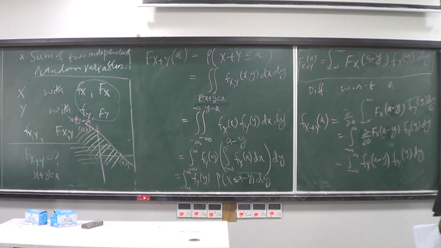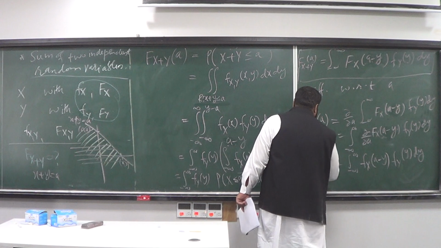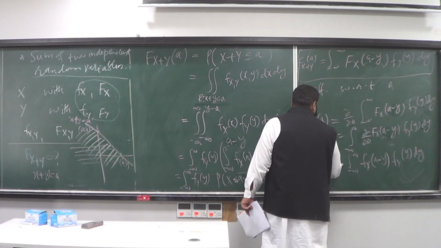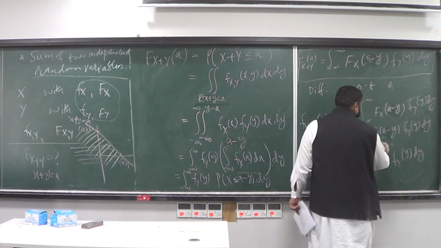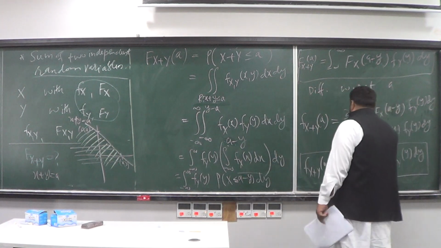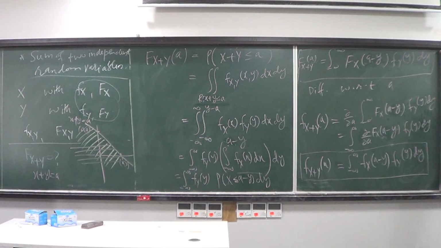So the p.d.f of the sum of two independent random variables is really the convolution of the p.d.f of x and the p.d.f of y. So these are the two convolutions.